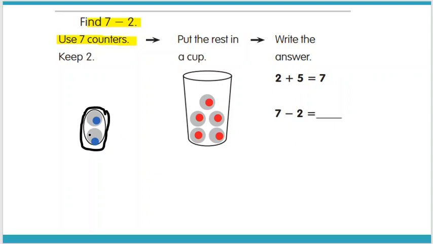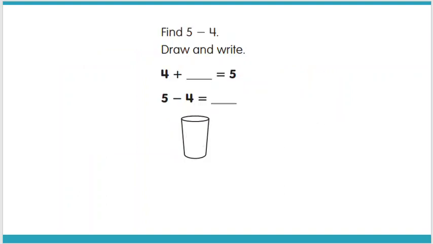If we take these 2 away from that 7, the answer is what's left here in the cup, which is 1, 2, 3, 4, 5. So 7 minus 2 equals 5. We also know, as we've talked about before, that subtraction is the opposite operation of addition. So if 2 plus 5 equals 7, then we can switch that around and say 7 minus 2 equals 5. All right, let's move on to the next problem.